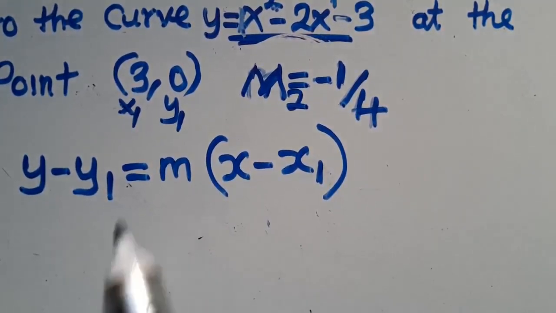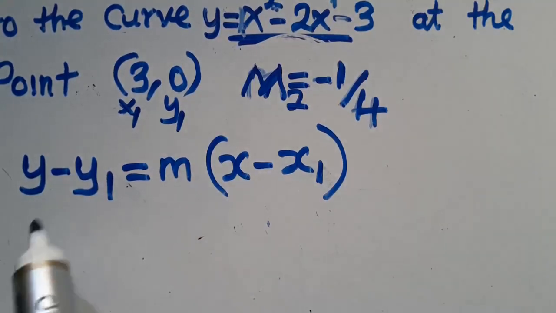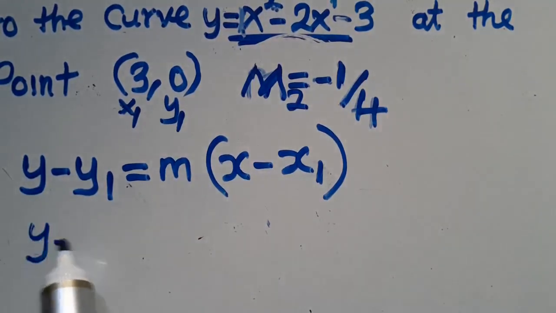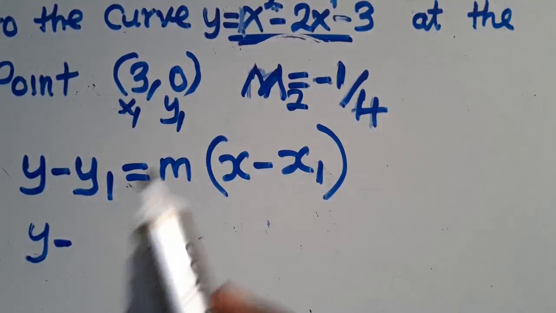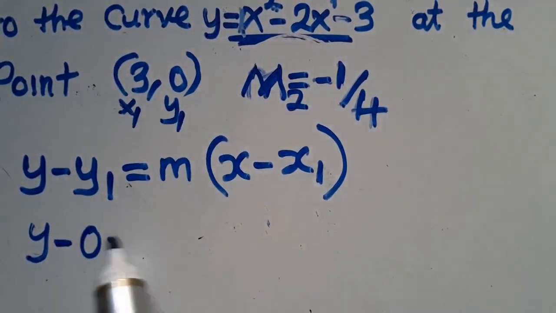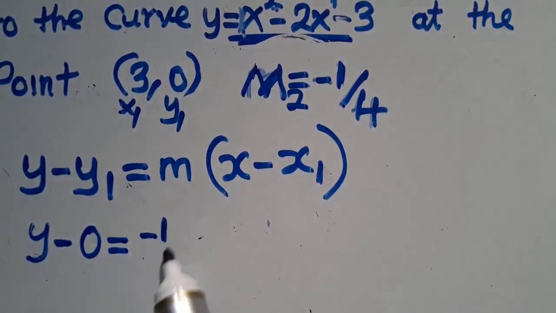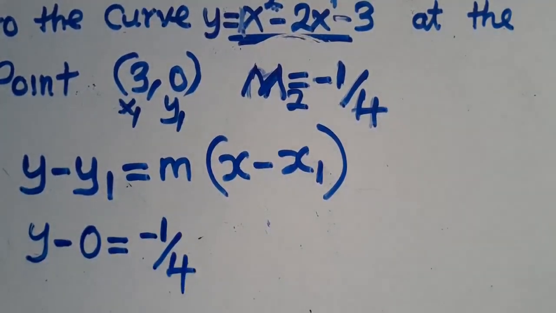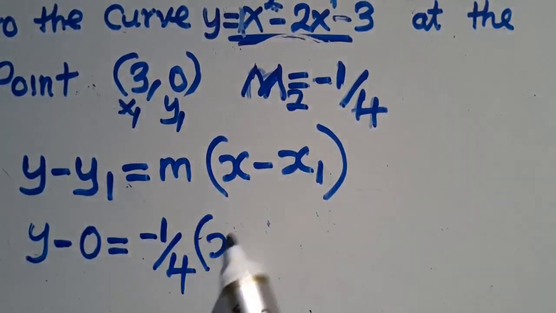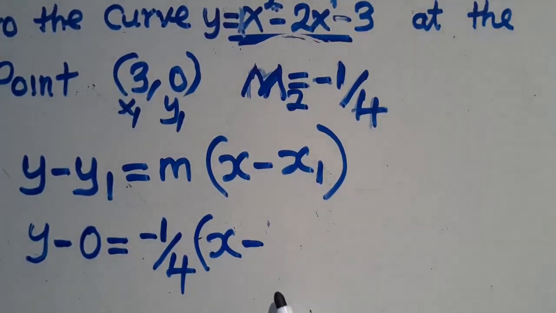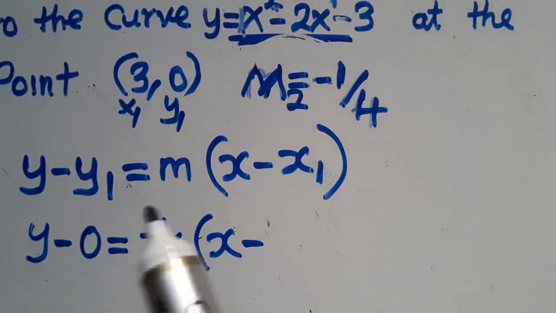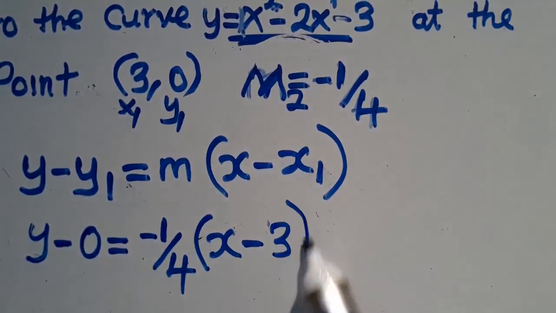You substitute. What is your x1? Y minus, what is your y1? Y1 is 0, which is equal to gradient negative 1 over 4, like that, times x minus, what is your x1? 3. You do this.